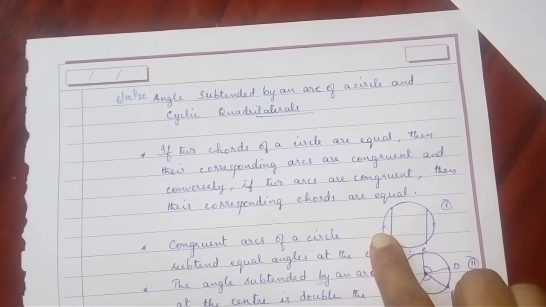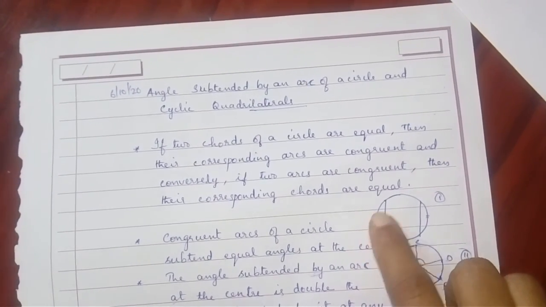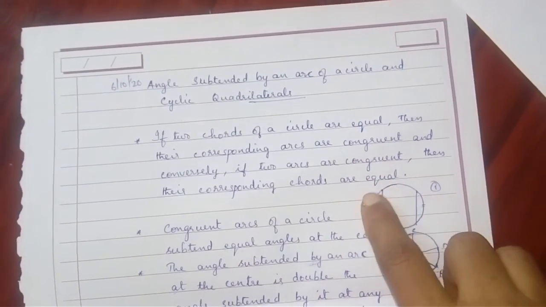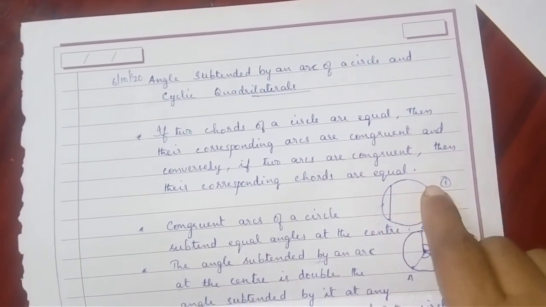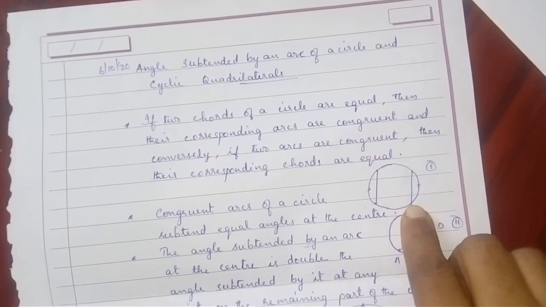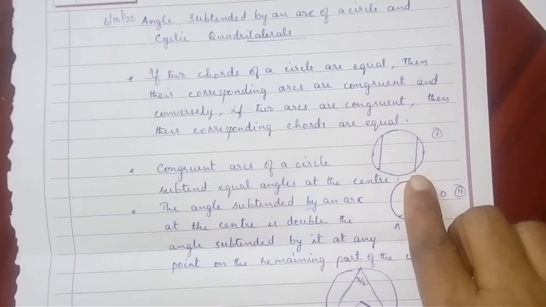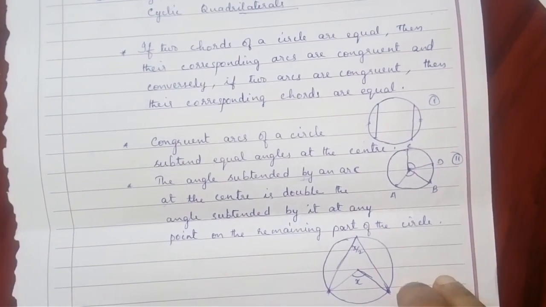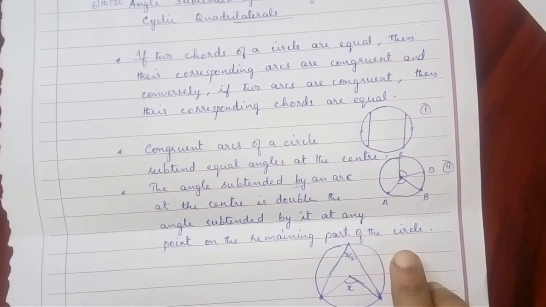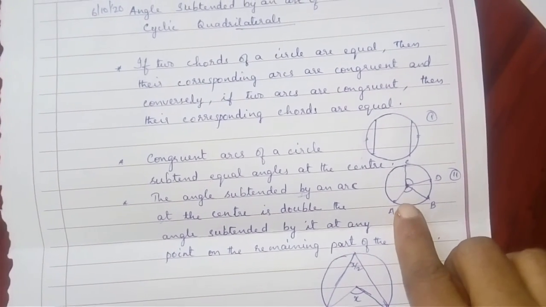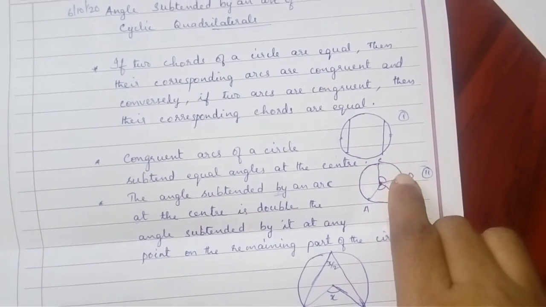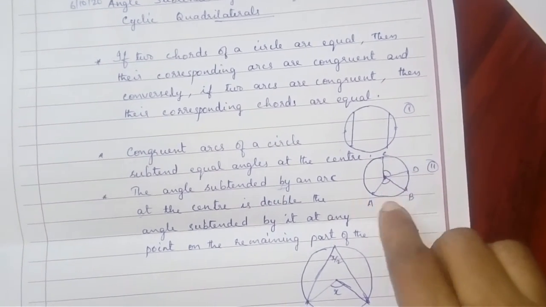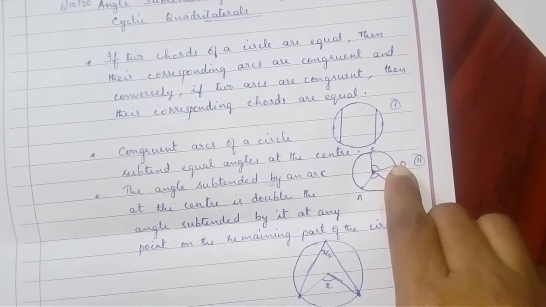And its converse. If two arcs are congruent, then their corresponding chords will be equal. Then congruent arcs of a circle subtend equal angles at the center. We can see here arc AB and arc CD. Suppose these two arcs are equal.